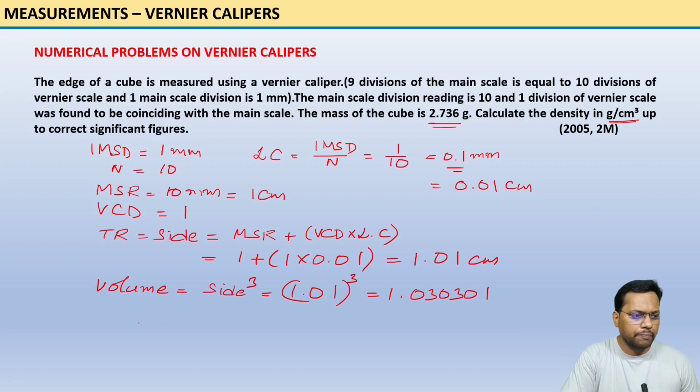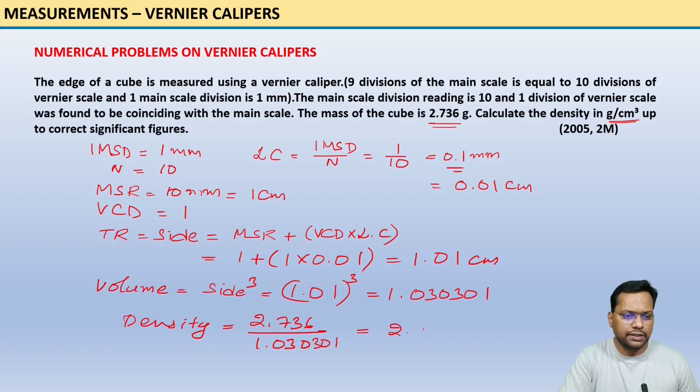Now the density is equal to mass per volume. The mass is given here, that is 2.736, divided by the volume, that is 1.030301, that is equal to 2.8189 gram per centimeter cube.